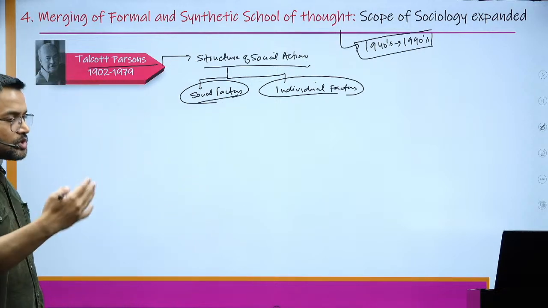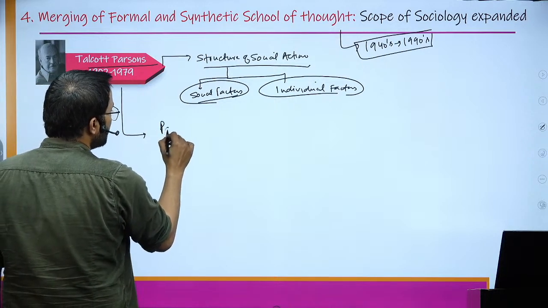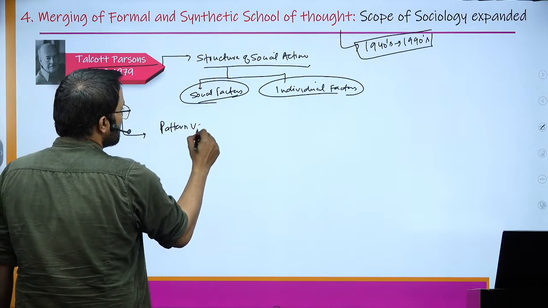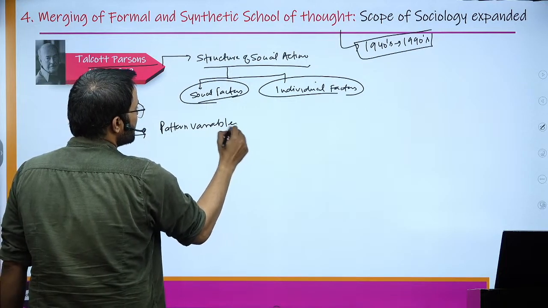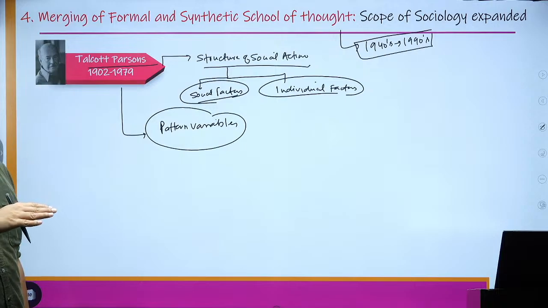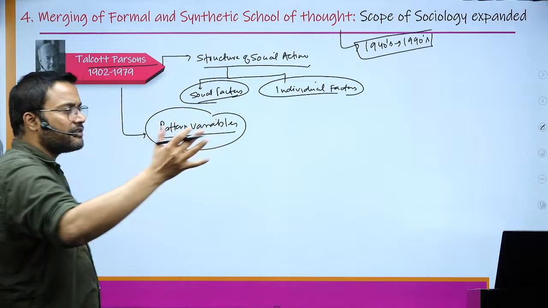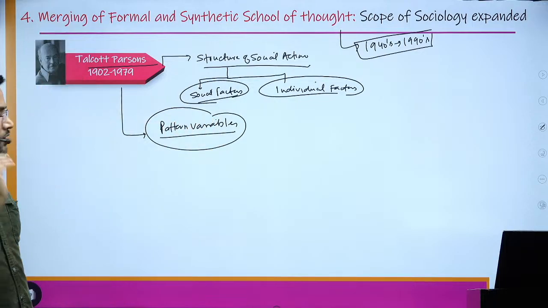Okay, and he was also talking about things like pattern variables. These pattern variables are a kind of dilemma confronting the individual, like how to behave. All these things will become more clear when we talk about Talcott Parsons in unit 4.